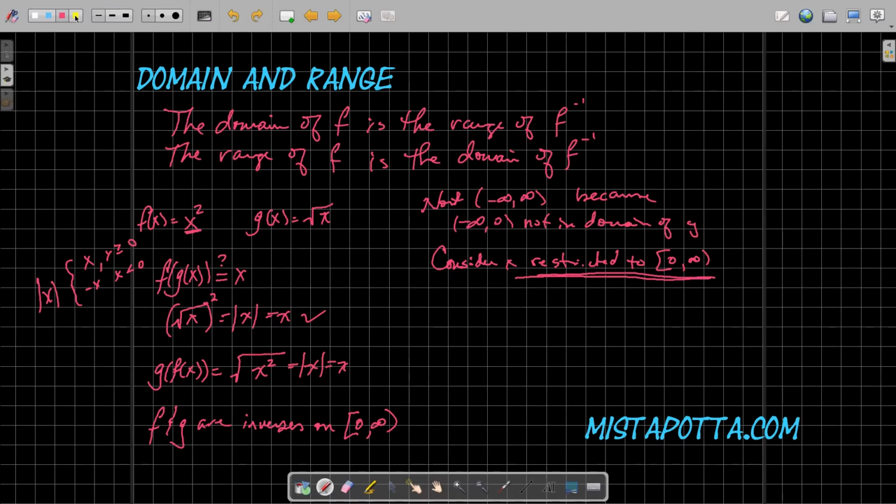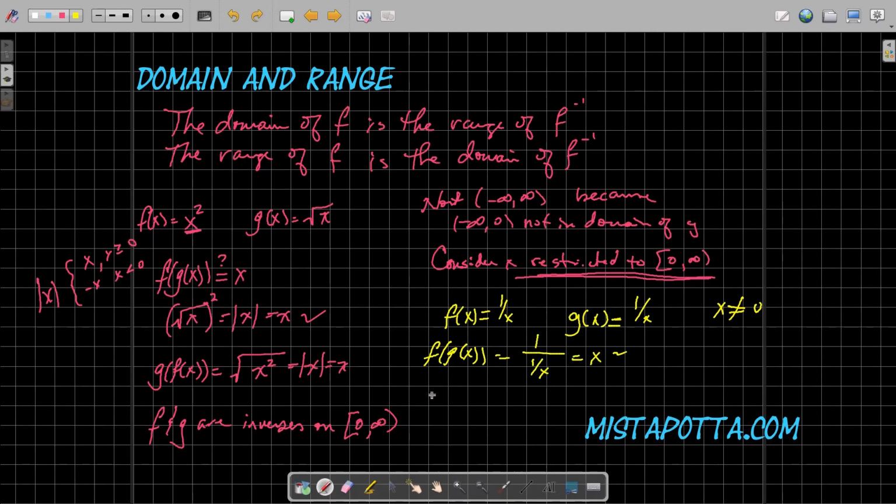Now, let's try and do something very similar to that. Let's take a look at f of x equals 1 over x, and g of x equals 1 over x. And again, I need to ask myself, what restrictions do I have in my domain? Well, the only restriction I have is that x can't be equal to 0. So if I try and evaluate f of g of x, well, I'm taking the reciprocal of 1 over x, which is x.